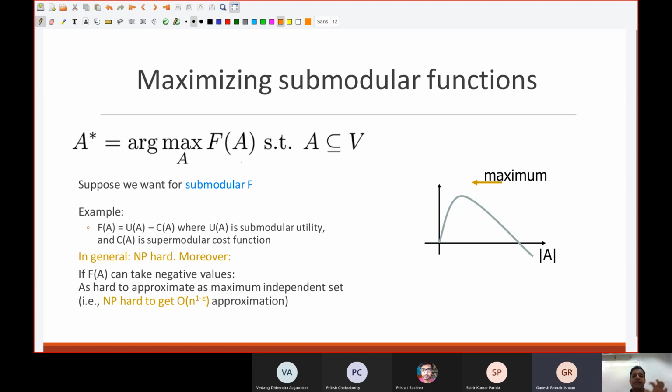So you can show that this kind of cardinality constrained set cover problem, the very specific case, is itself NP hard. So obviously the general problem is NP hard. In fact, it is as hard to approximate as the maximum independent set problem.